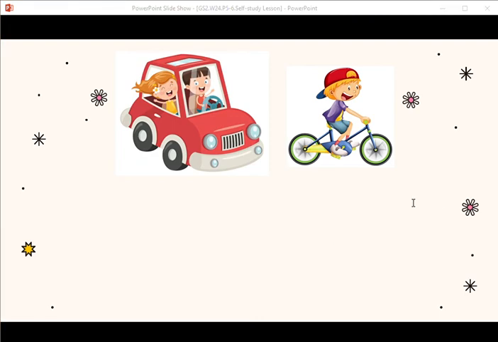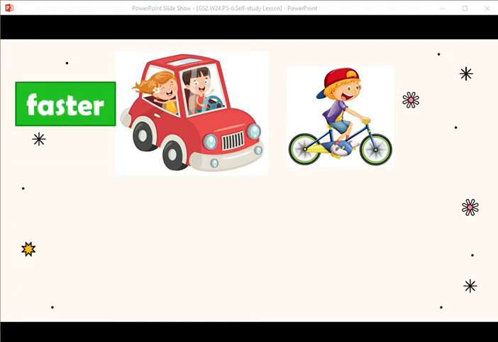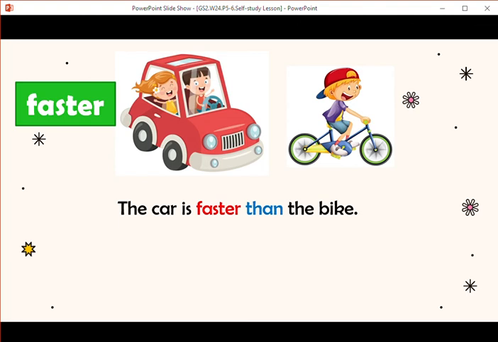Now, I have the word fast. Can you make a comparative sentence with fast for me, please? Great. The sentence is, the car is faster than the bike, right?